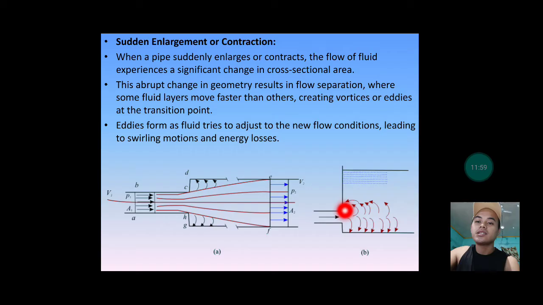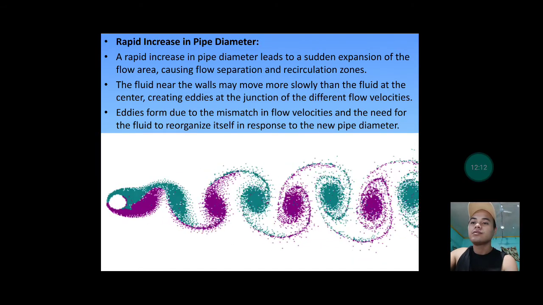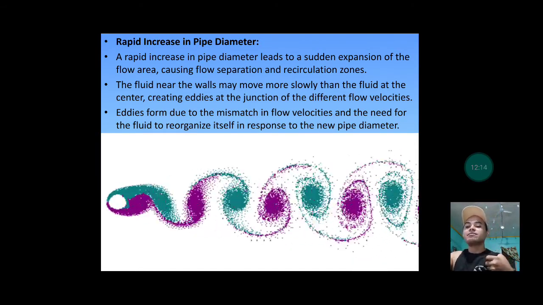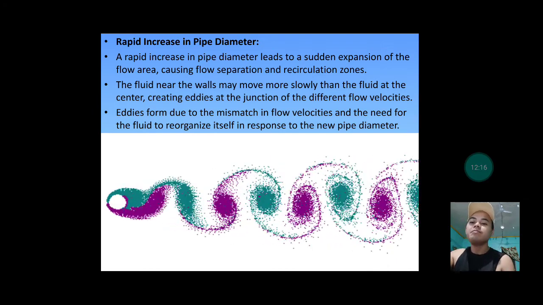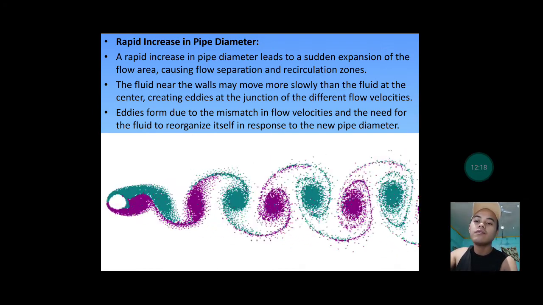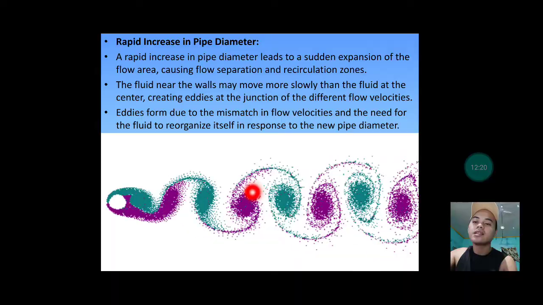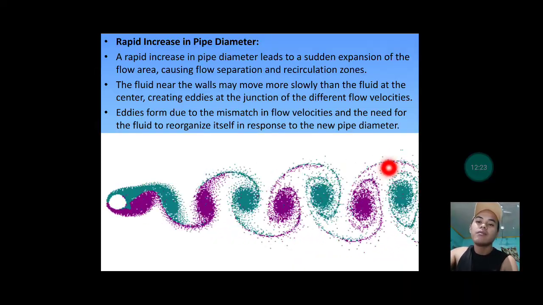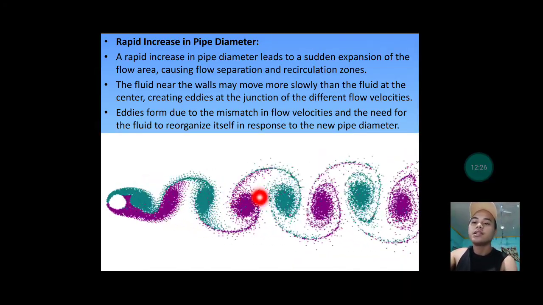While if it is an expansion of the pipe, there will be eddies if the flow expands into another pipe. How about a rapid increase in pipe diameter? As the pipe diameter increases, the flow is also moving like this, so there will be eddies formed in the pipe.